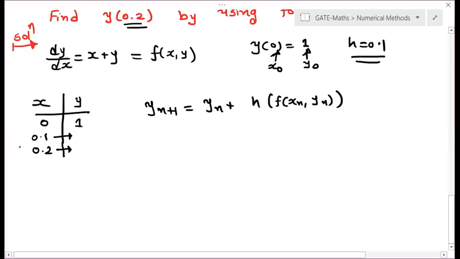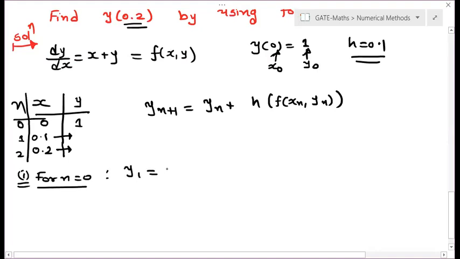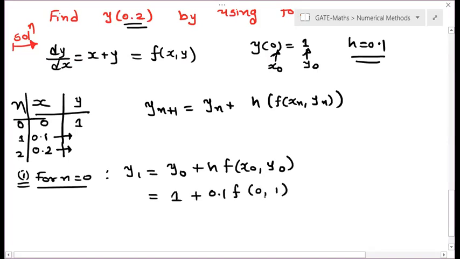Let me add the serial number here: n is 0, 1 and 2. So step 1. For n equal to 0, this becomes y1 equal to y naught plus h times f of x naught, comma y naught. y naught is 1, plus h, which is 0.1, times f of 0, comma 1.